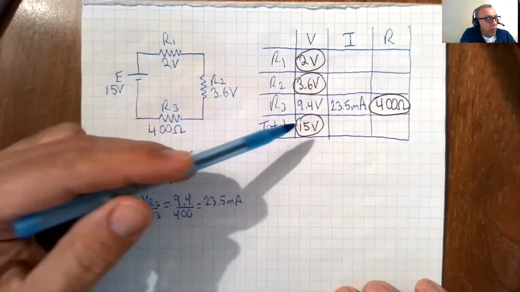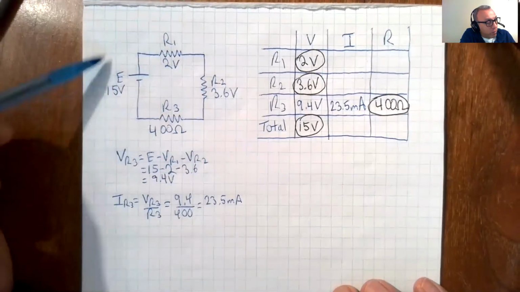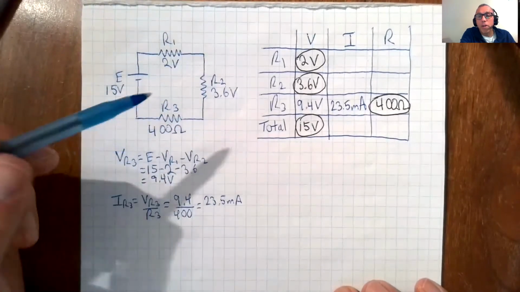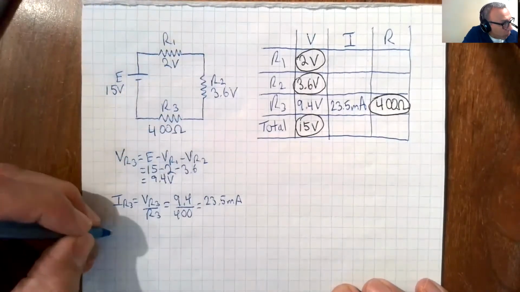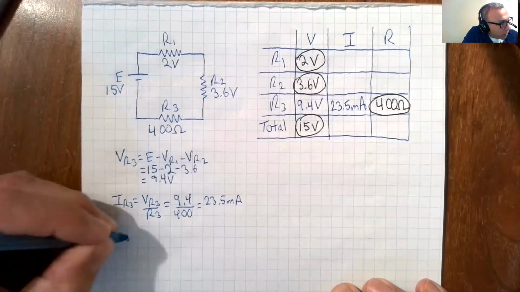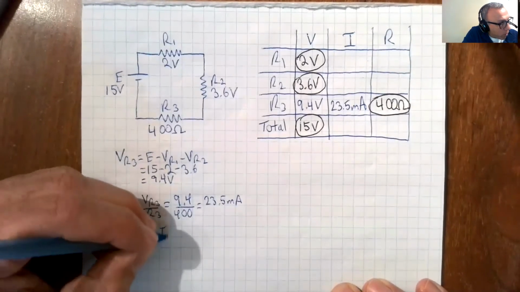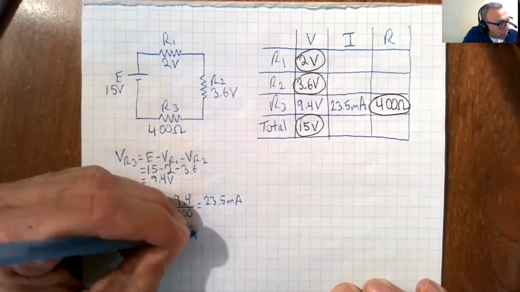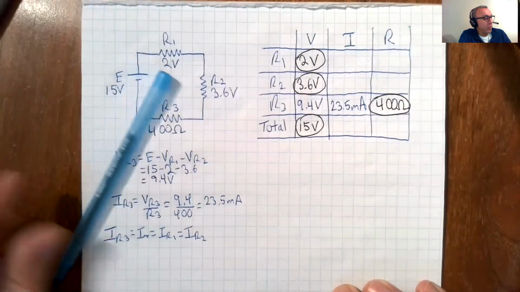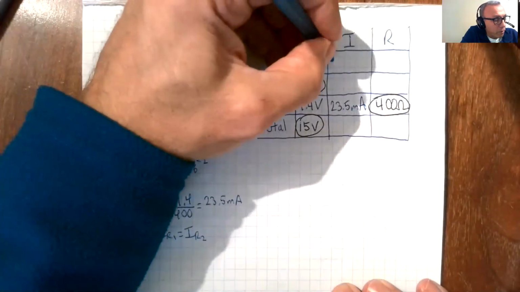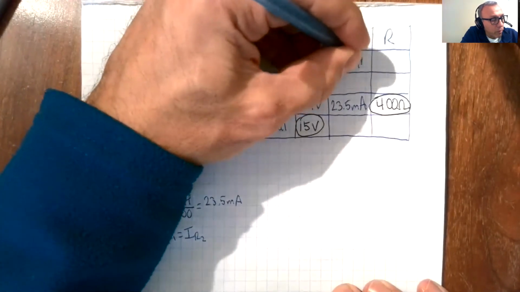Now, if you remember, the current in a series circuit is constant, meaning that if the current in R3 is 23.5 milliamps, that means the current through the entire circuit is 23.5 milliamps. So we're going to say that IR3 is equal to IT is equal to IR1 is equal to IR2. Okay, so let's plug those values in our chart.